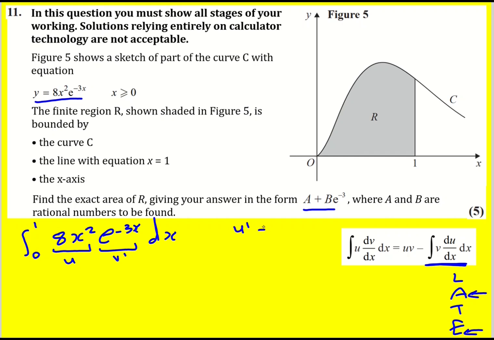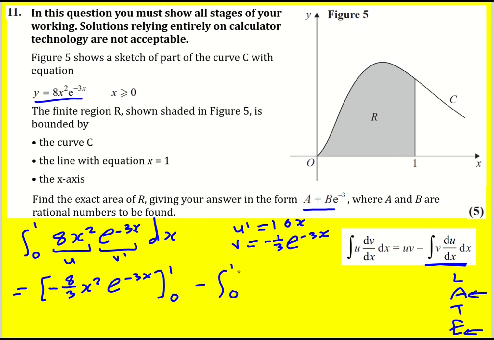So u dash is going to equal 16x, and then v is going to be the integral of e to the minus 3x. That's going to be minus a third e to the minus 3x. And then I will get uv, so that will be minus 8 over 3 x squared e to the minus 3x, evaluated between 0 and 1, minus the integral from 0 to 1 of minus 16 over 3.